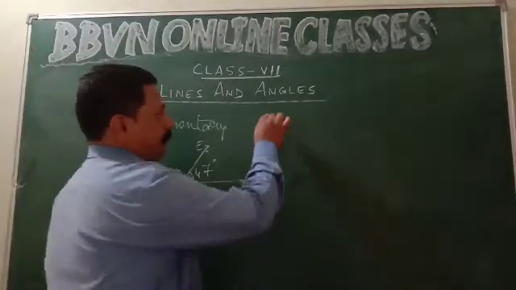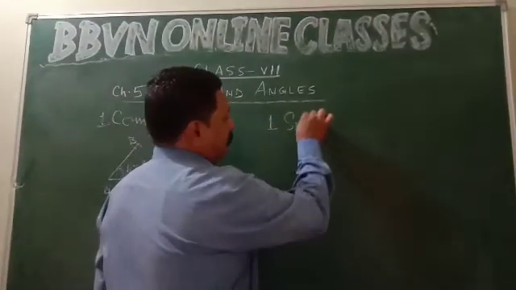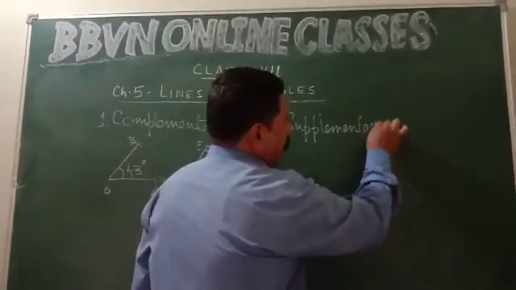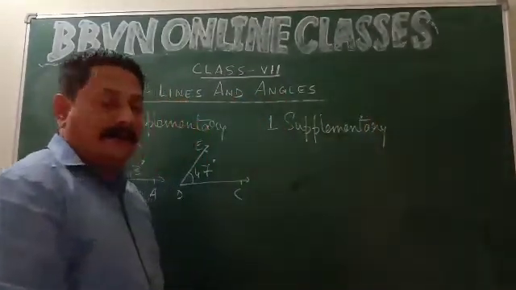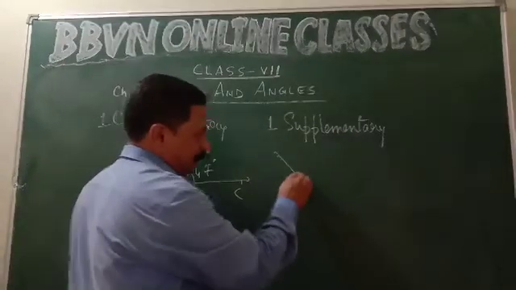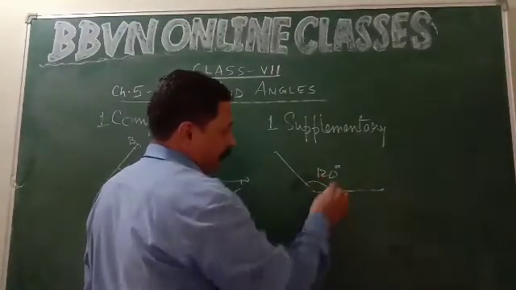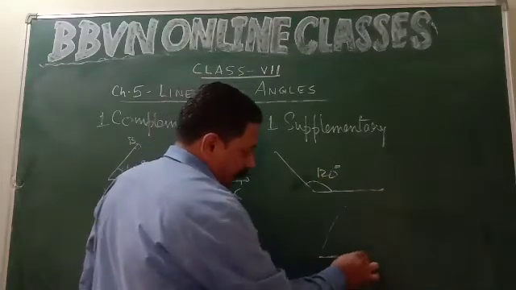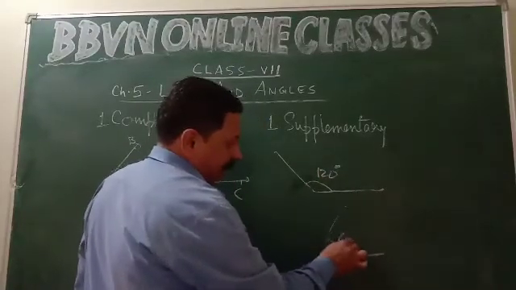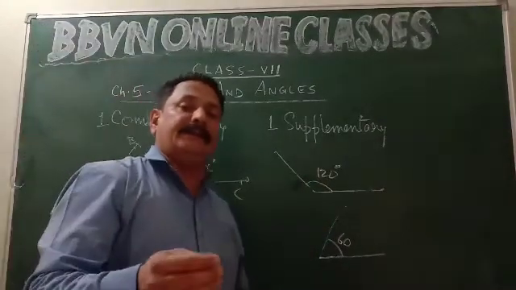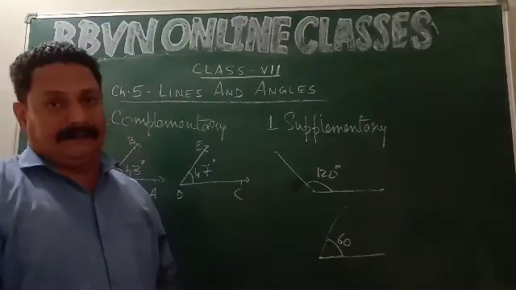angles. In the same way, we have supplementary angles. If I have any two angles such that sum of their measures, suppose this angle is 120 degrees, I have another angle whose measure is 60 degrees. Now sum of these two measures, 120 degrees plus 60 degrees is how much? 180 degrees.